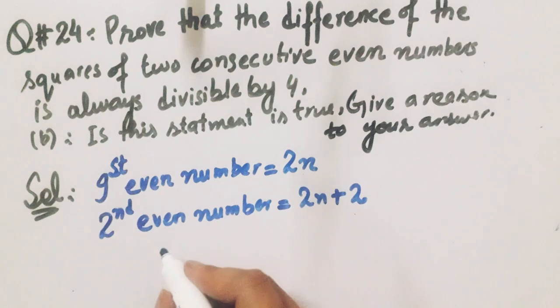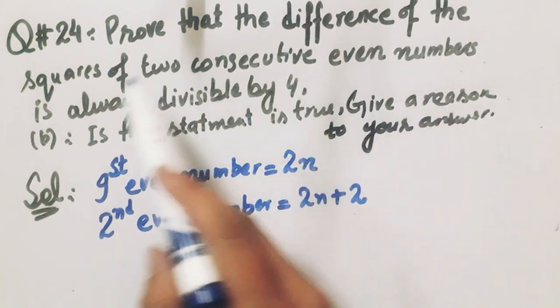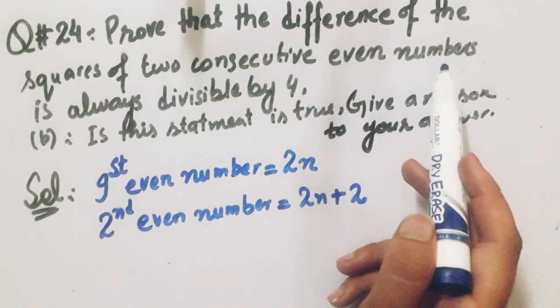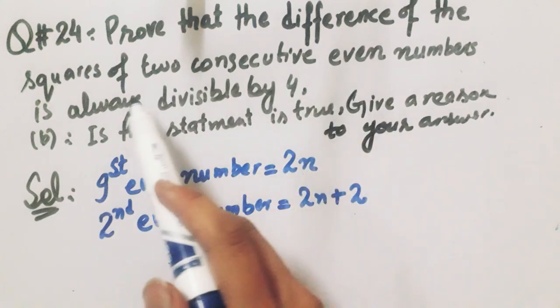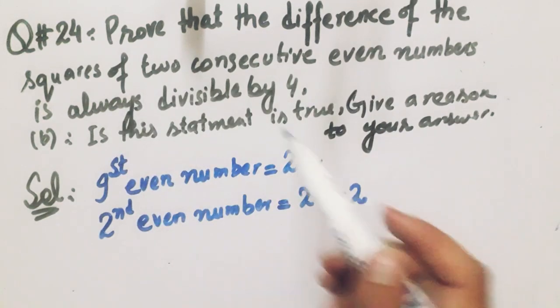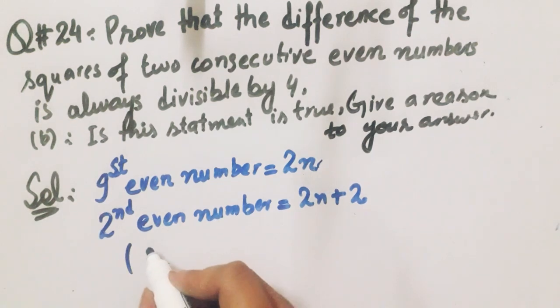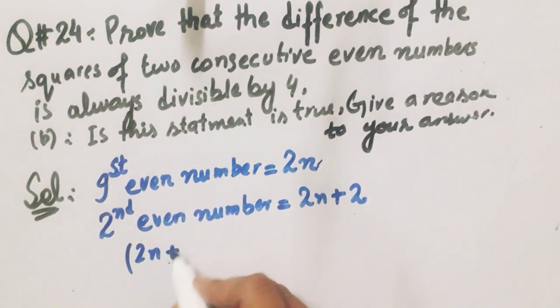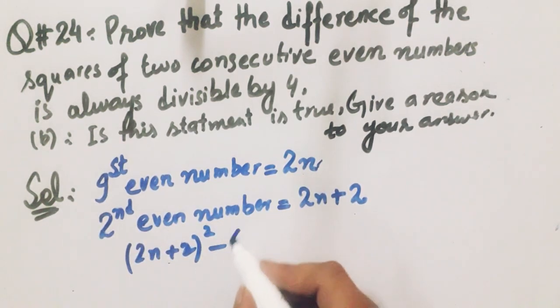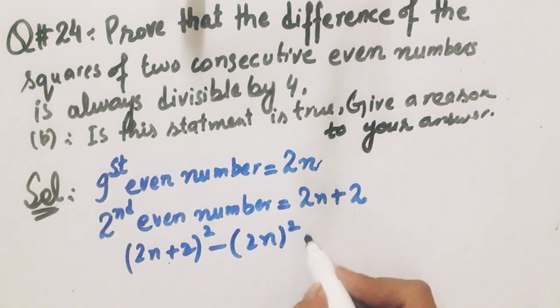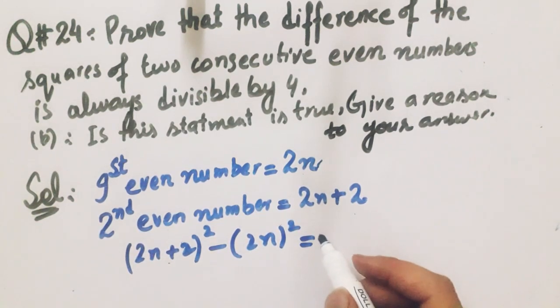Now given the condition that the difference of the square of two consecutive even numbers, it means that we will take the square of these two numbers and then subtract them. So 2n plus 2, the greater number square, minus the smaller number square, is divisible by 4.